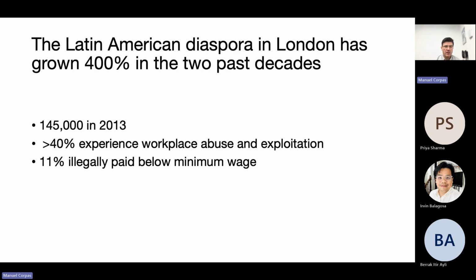Unfortunately, though, it's been reported that around 40% experience workplace abuse and exploitation, and around 10 times the average are illegally paid below the minimum wage, right? So that's a clear sign of inequity.